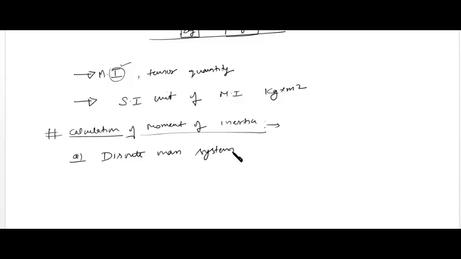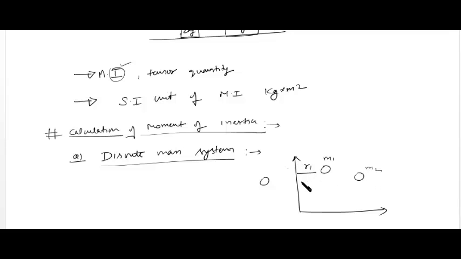As the name suggests, discrete mass systems mean various masses are present around the axis at different coordinates. Say these masses are rotating about this axis, then this is r1, the mass of this object is m1, the mass of this object is m2 and radius is r2. For this, mass is m3, radius is r3, and all these objects are rotating about this axis with some omega.